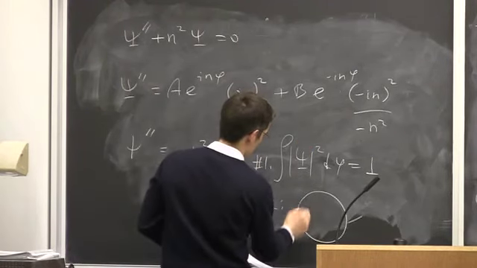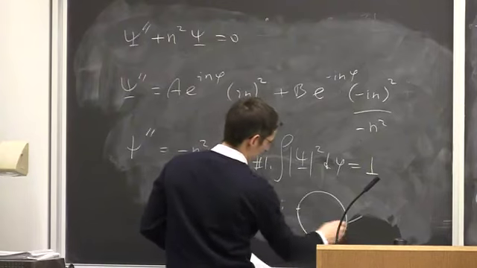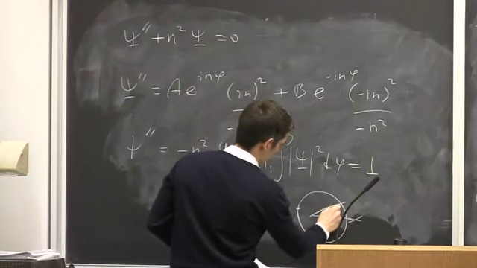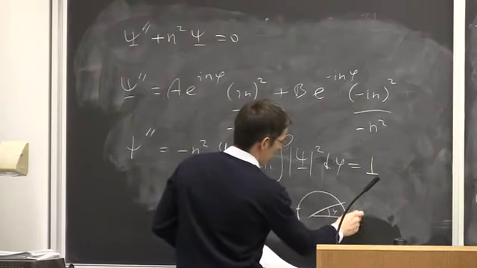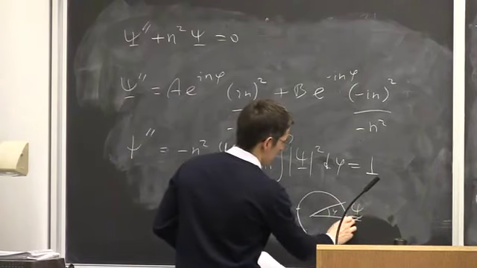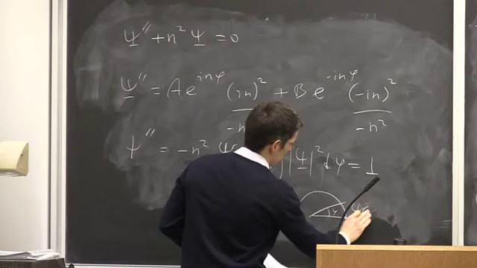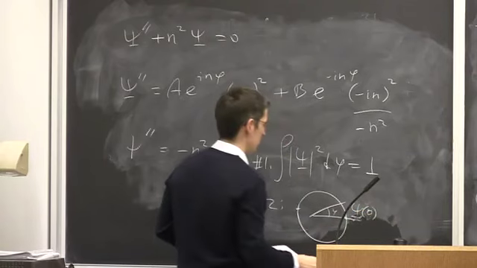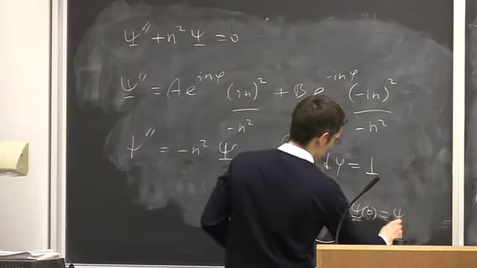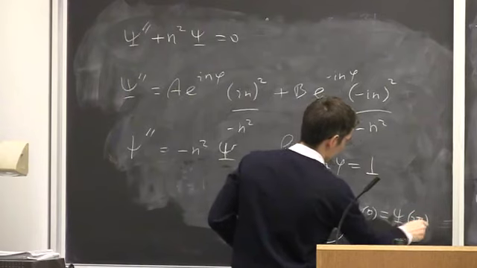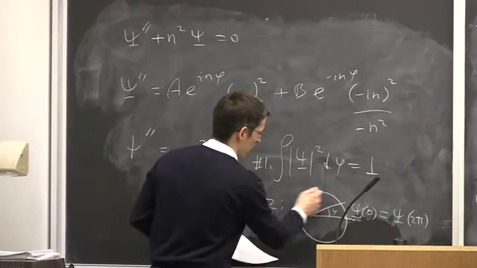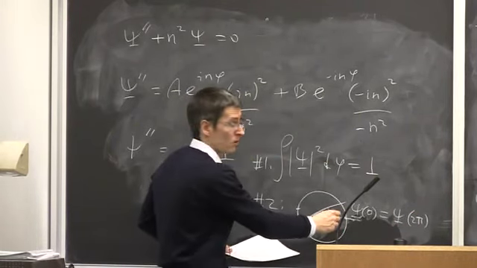So that means, say, if we have angle phi, then the function must be a single valued object, which means that psi at 0 should be equal to psi at 2 pi, right? Because 2 pi is the full circle.